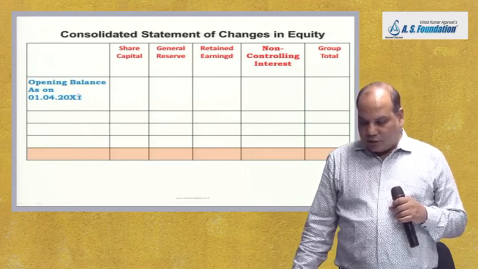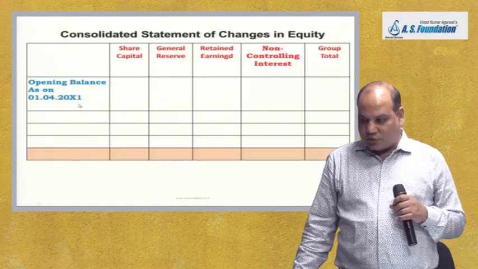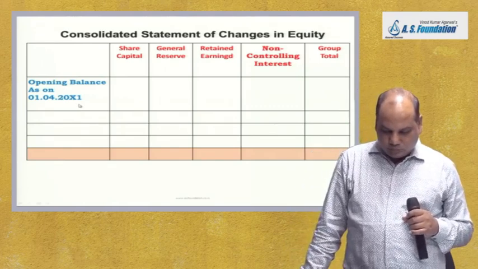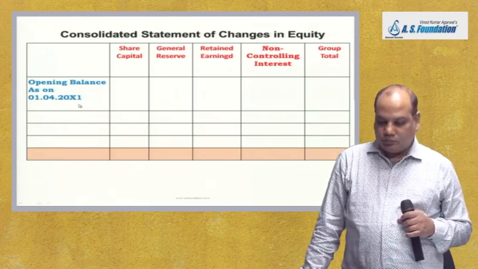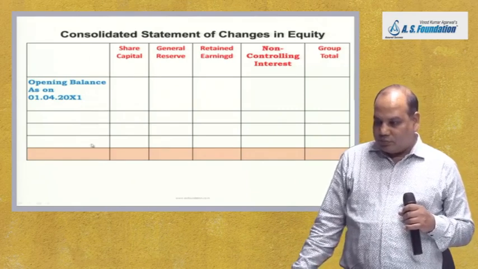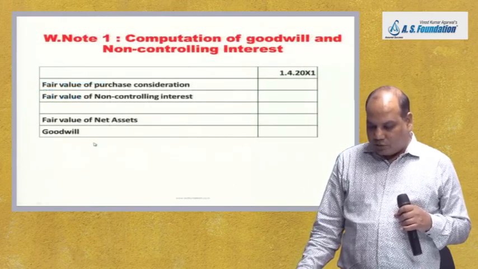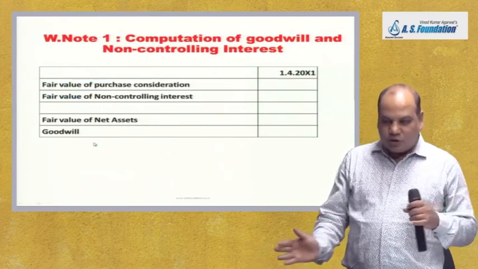And just write down one line first, opening balance as on 1420X1. One more line blank, total. And then we'll prepare just one small working and then start consolidating.